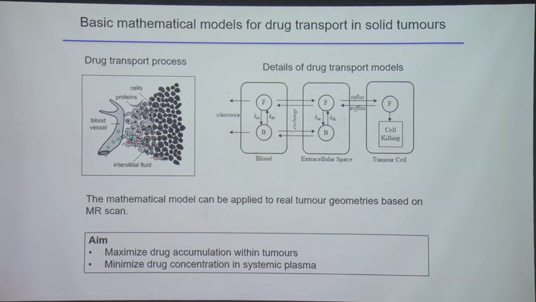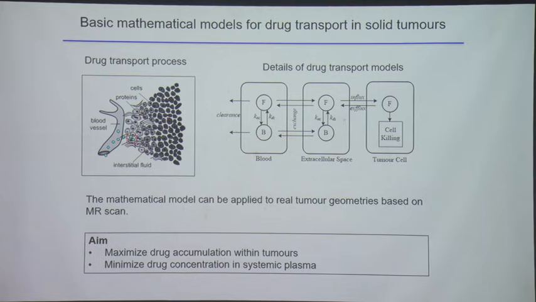So coupling all of this together, the aim of using the model, for any treatment, is to maximize drug accumulation within the tumor. You want as much drug accumulated within the tumor as possible, and you want to minimize the drug concentration in systemic plasma. The reason for that is very similar to the thrombolysis treatment: most of the chemotherapy drugs are highly toxic.